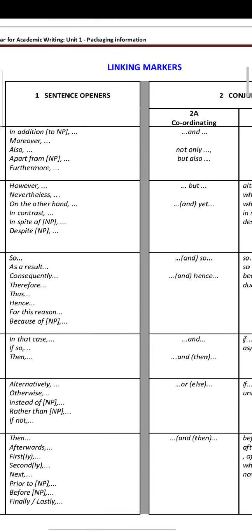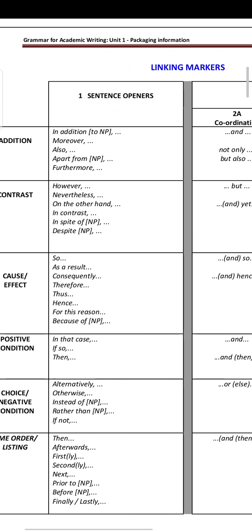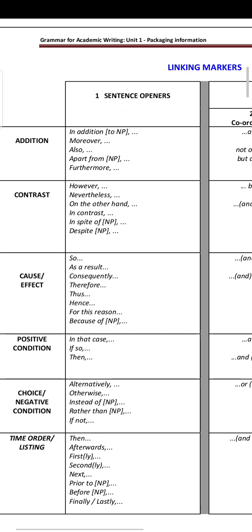See here, noun phrase, and then "moreover", comma, also followed with a comma, "apart from" is followed with a noun phrase, and then "furthermore", comma. All of them are used with the comma.